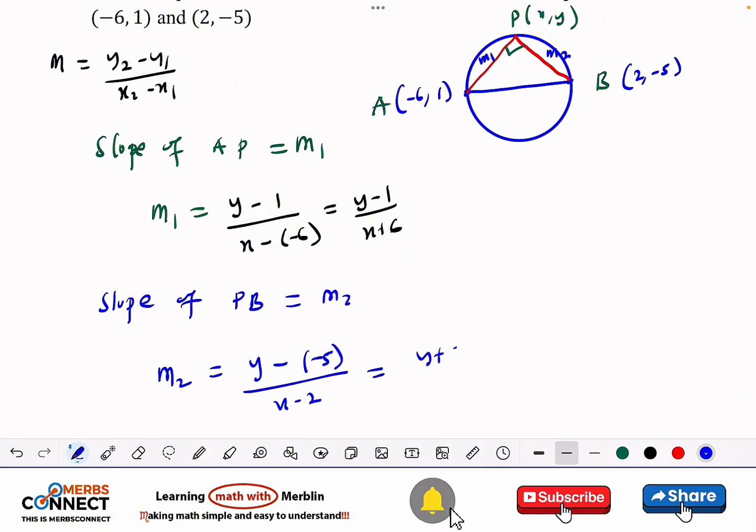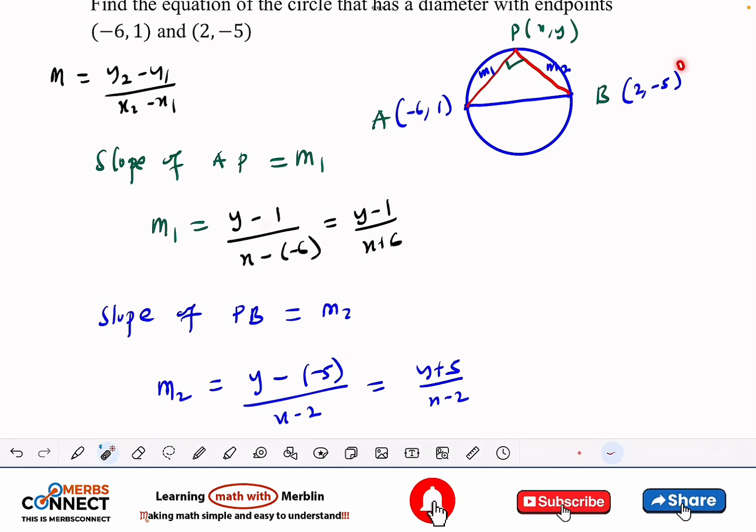Simplify: y plus 5 over x minus 2. So what did I do? I'm just finding the slope of this and this. I'm treating this one as my y2, x2 and my y1, x1. So y2 is y, and y minus y1 is minus 5, so I put my minus 5 here, divided by x2 minus x1.